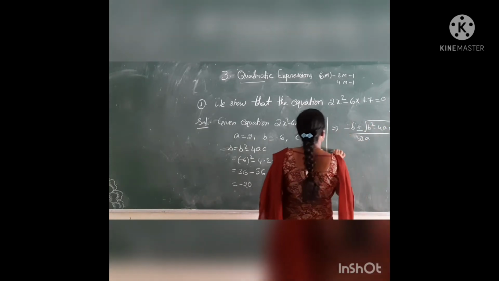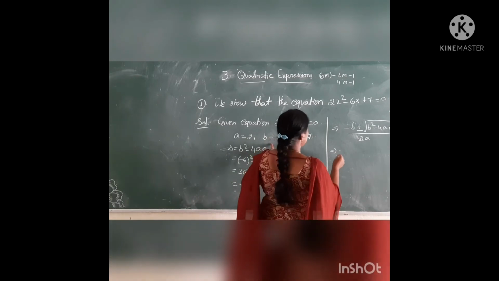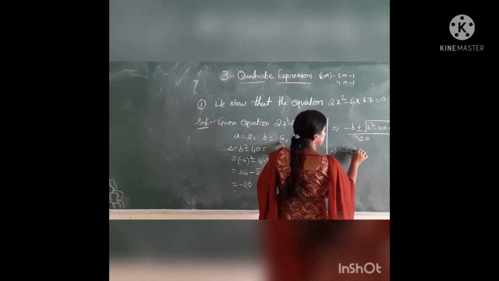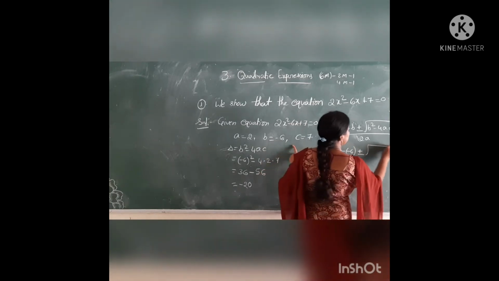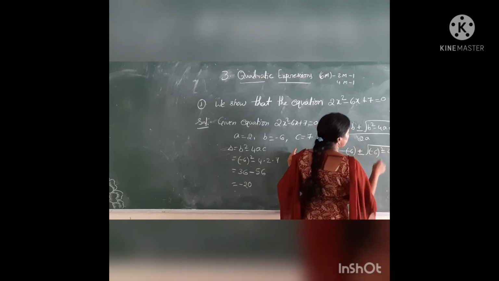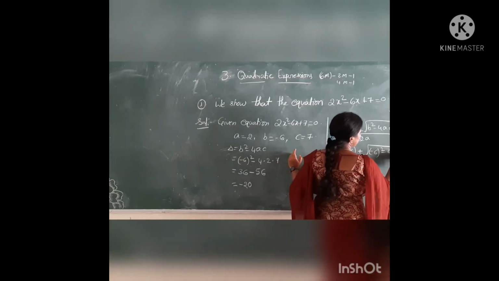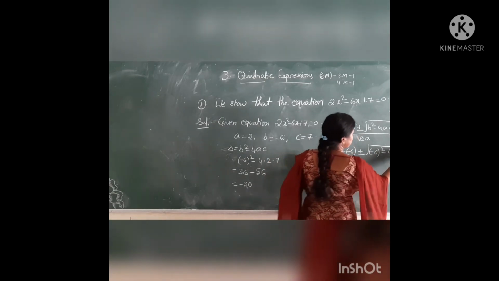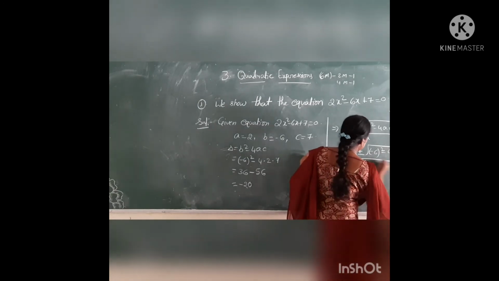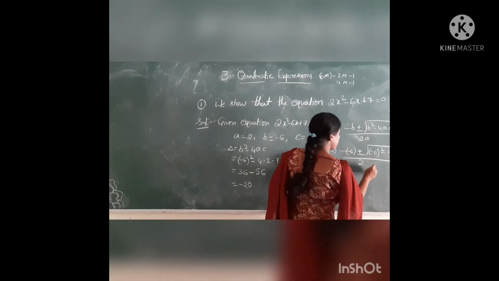Roots are x is equal to minus b plus or minus root of b square minus 4ac by 2a. Minus b means minus of minus 6, plus or minus root of minus 6 whole square minus 4 into a means 2 and c means 7, by 2 into a means 2.